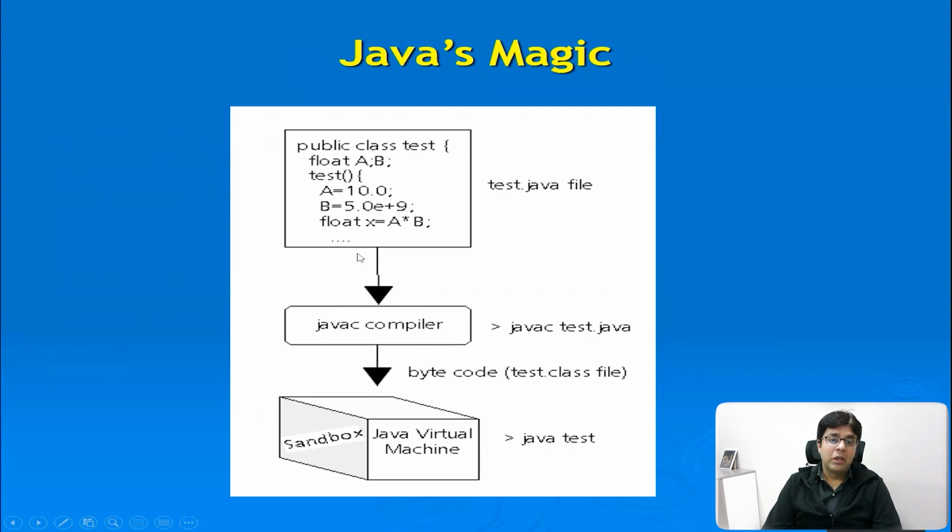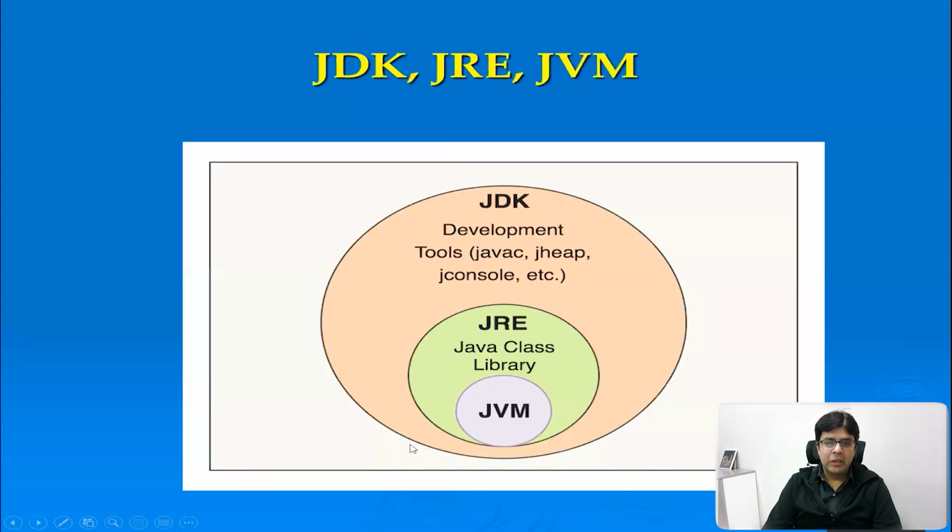For example, you write this program on Windows. When you compile it, it is converted into bytecode, which has a .class extension. You can now run this .class file on any platform.